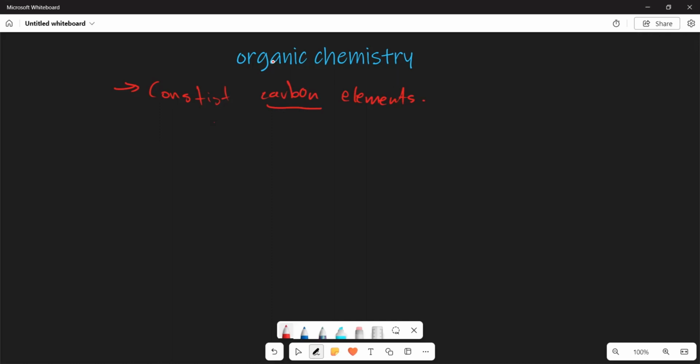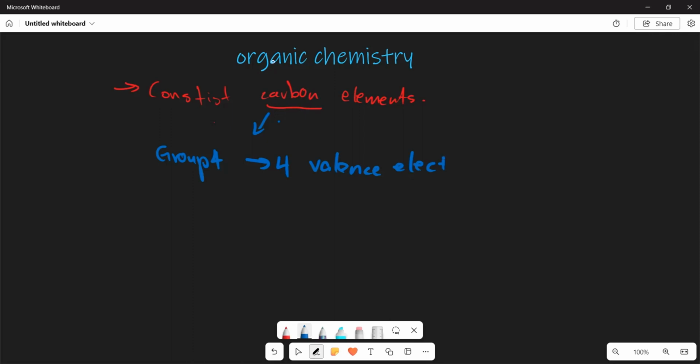If we do a brief recap on carbon, firstly, carbon is found in group 4. What does this mean? Remember that carbon is number 6, which means it consists of 4 valence electrons.